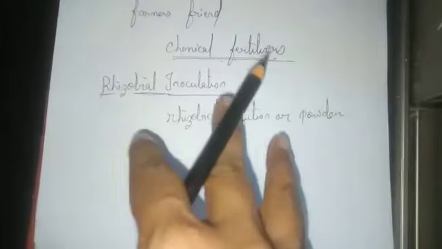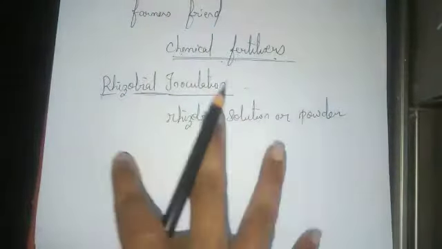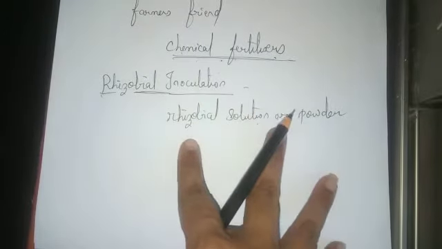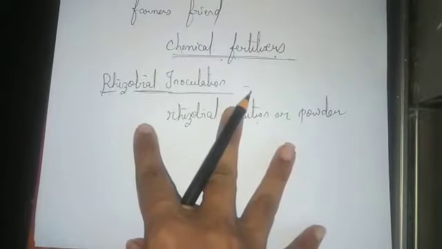So when you sow the seeds with this rhizobium, and when they grow, the rhizobium will also be present in the roots of these crops. Hence the fertility of the soil will be maintained because this rhizobium will fix the nitrogen to the soil. So this is what is called rhizobial inoculation. I hope it's clear to you, children.